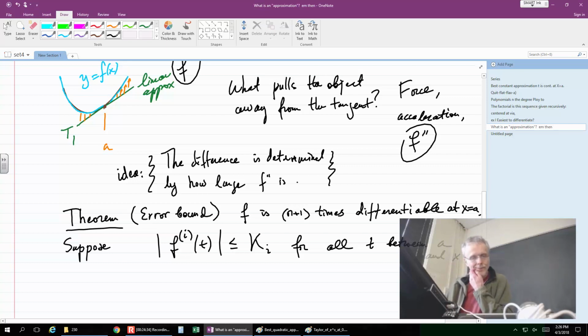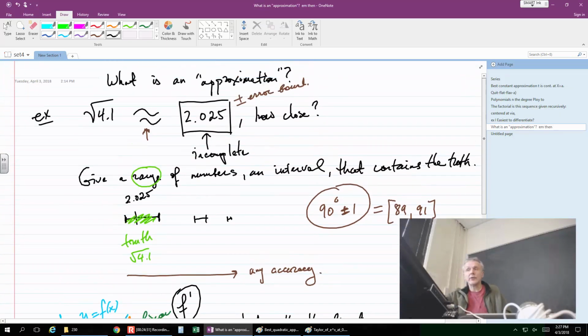Just to remind you where a and x come from: a is the point around which we do the approximation. If you go back to our original example, a was equal to 4 and x was equal to 4.1. So a is where we were able to evaluate everything and we have our approximation.